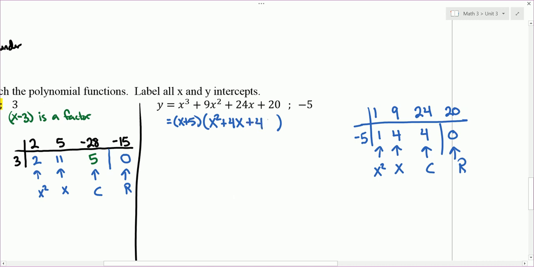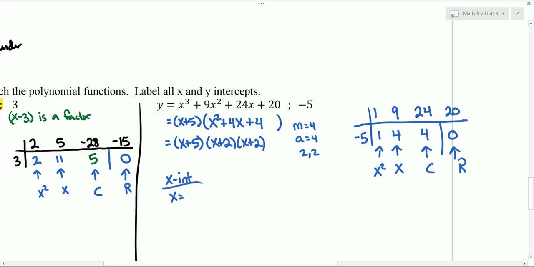So to factor further, we're looking for two numbers that multiply to 4 and add to 4. So 2 and 2. We can take the shortcut because there's a 1 in front of the x squared. So x plus 5 we already had, and then this is going to factor to x plus 2 times x plus 2. So now we can write our x-intercepts.